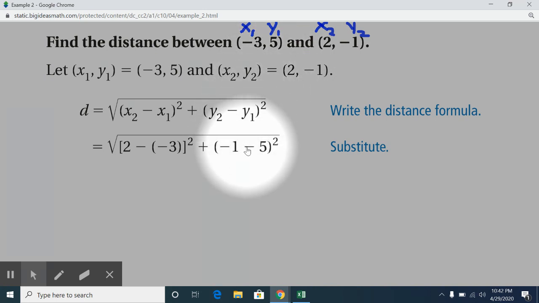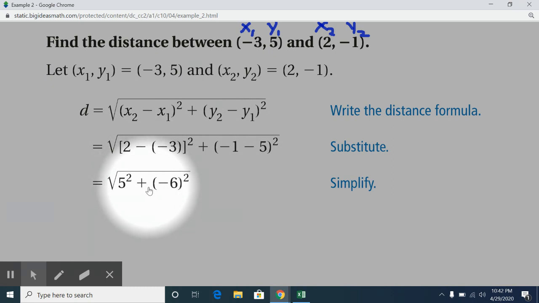I want us all to remember that when we square a negative number, like we will be, it's not going to be a negative answer. When we square any number, it will always be positive. It only makes sense that when we're finding a distance between 2 points, we have a positive answer.